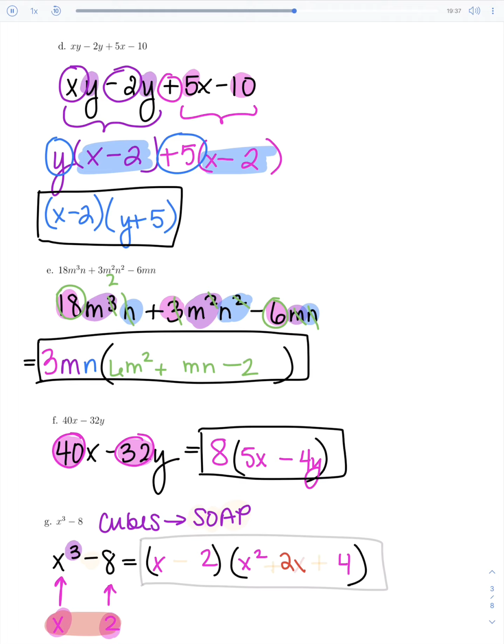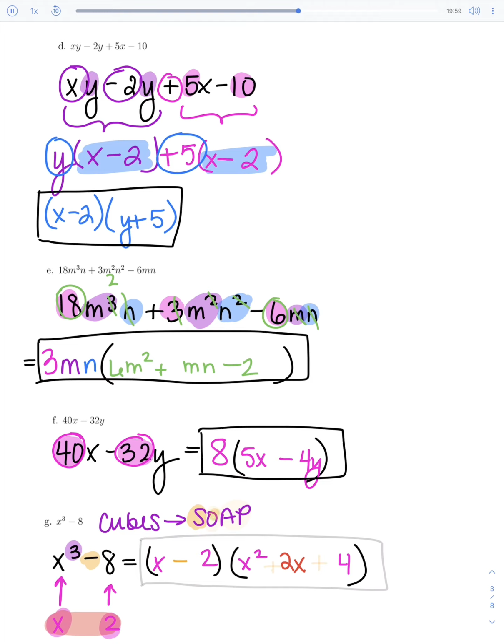And then, how do I fill in my signs? Remember when we use our SOAP, same, opposite, always positive. So the first thing that we're going to do is the S, which says start out with the same. Well, I had a minus sign, so I'll stick with the same, another minus sign.